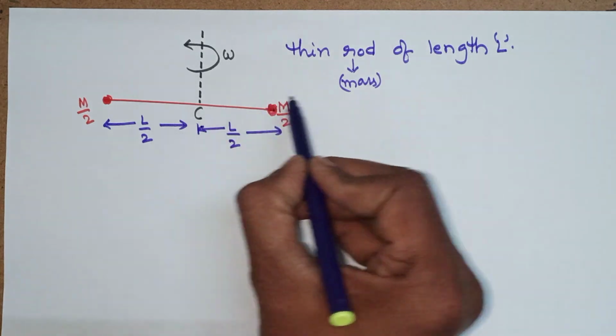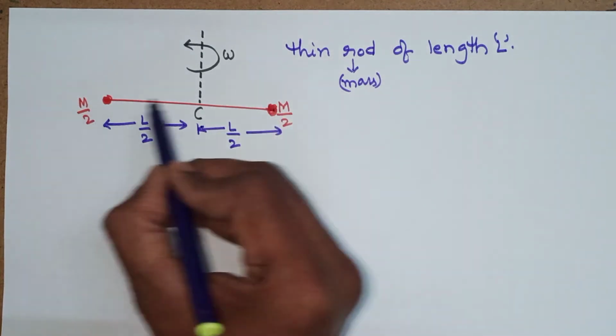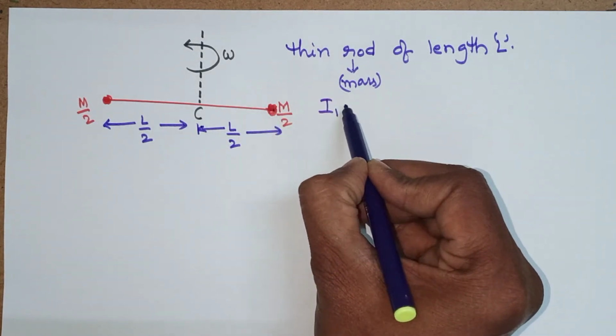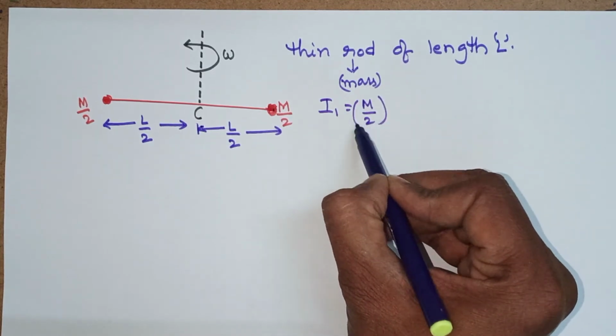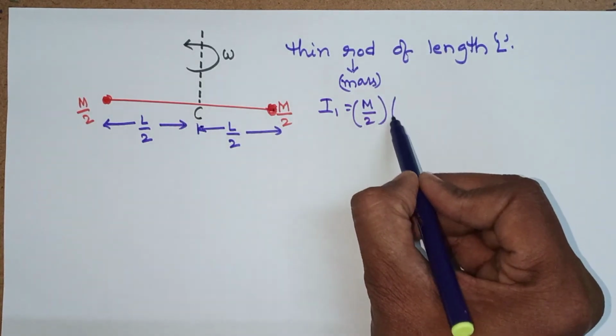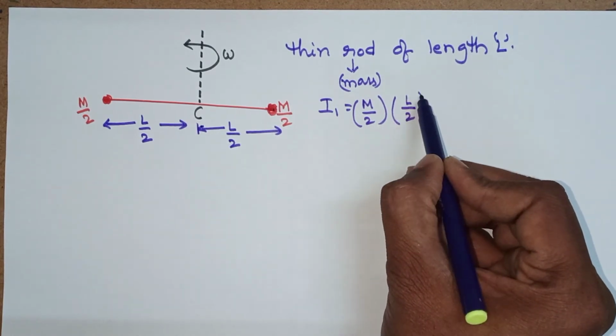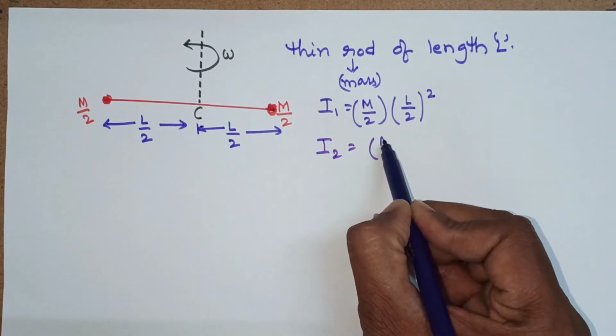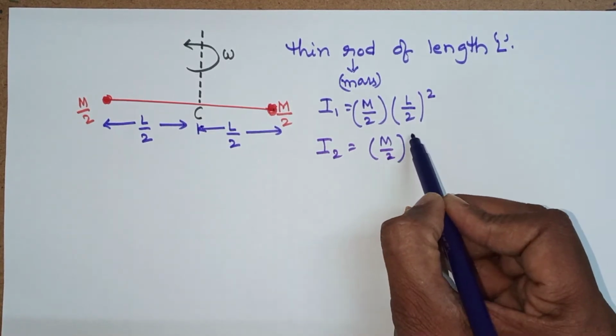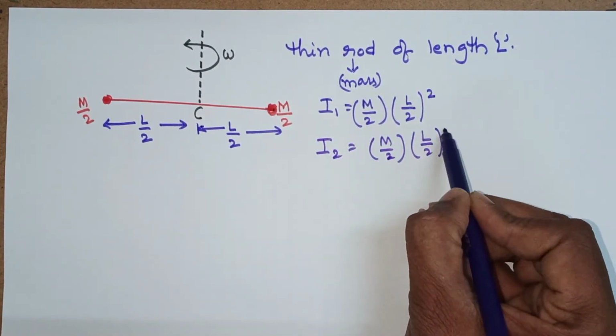What happens now? Individually, I1 is equal to m by 2 into r square. What is r actually? In place of this, L by 2 is there. I2 is m by 2, L by 2 whole square.